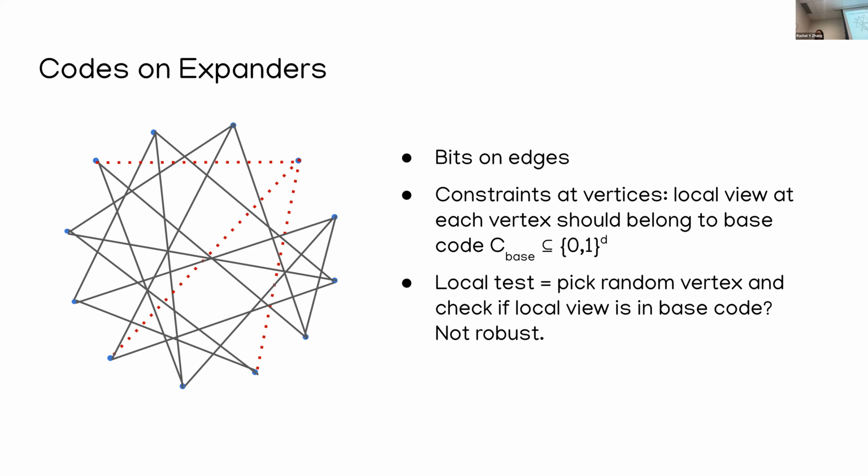So I'm assuming we have a global order, so we have n bits that correspond to the n values that you put on each edge. So is the code the set of all those strings when I plug it onto this graph? Yeah, it's the set of all strings where every bit corresponds to an edge, such that if you take the restriction to every vertex, it belongs to the base code.